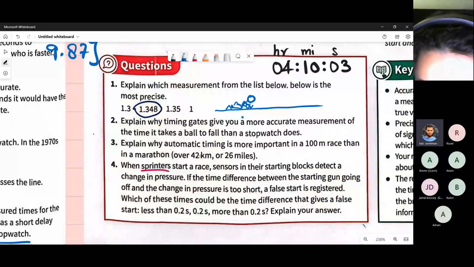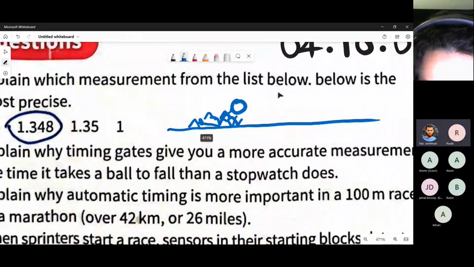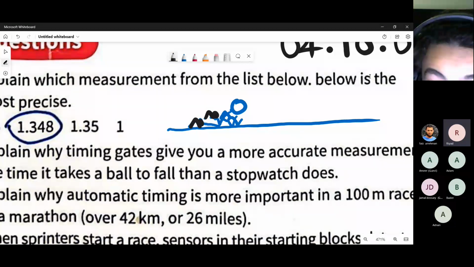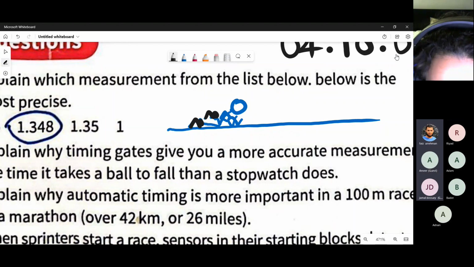What is this? Can you guys imagine? He is just about to start the race and both his feet are resting here. One foot on this triangle, one foot on this triangle. Let me bring an image. He's doing push-ups, mister.